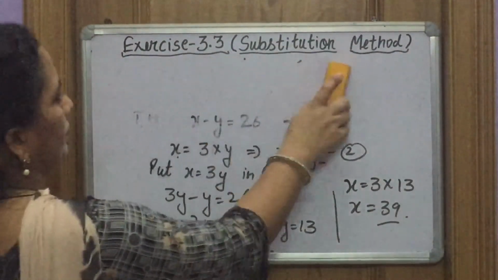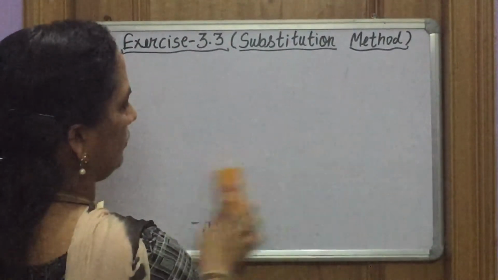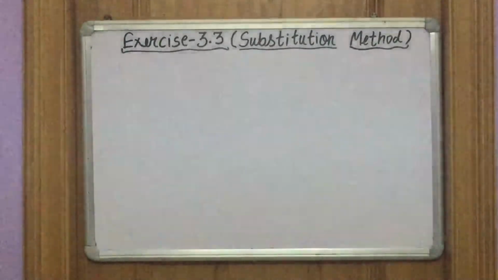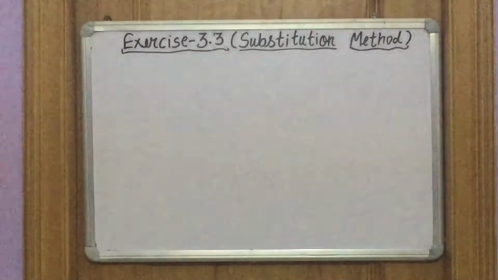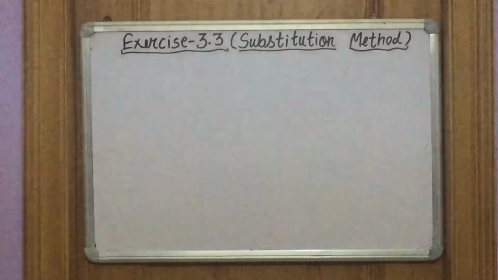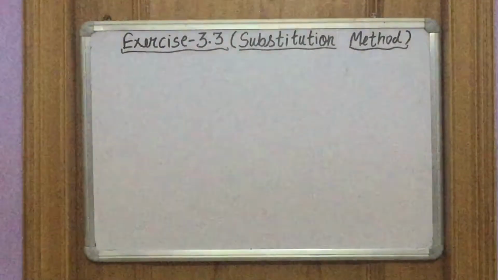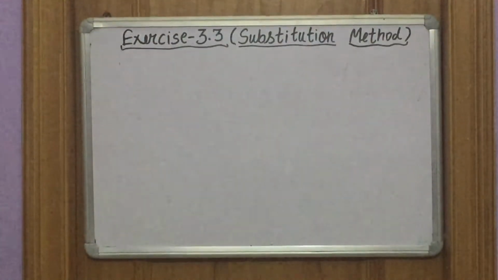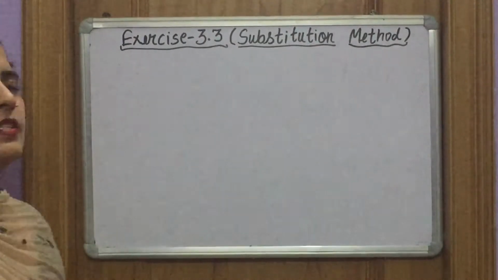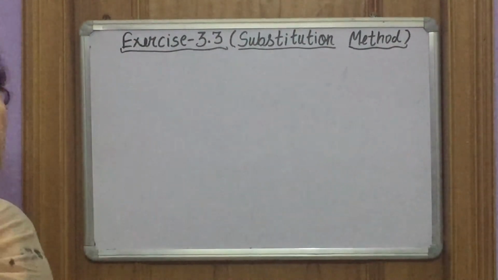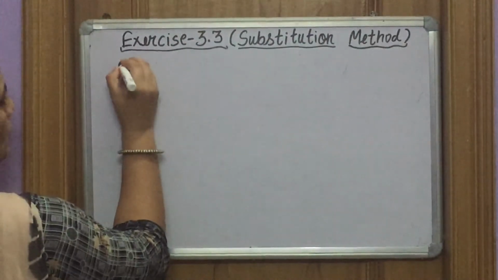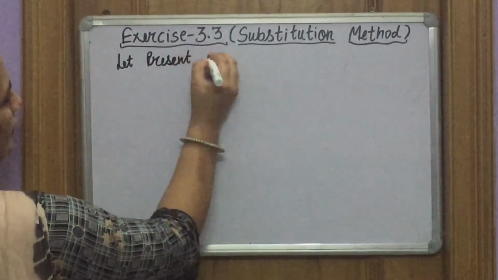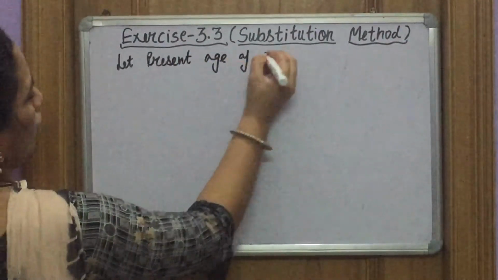Next question is, "5 years hence, the age of Jacob will be 3 times that of his son. 5 years ago, Jacob's age was 7 times that of his son. What are their present ages?" In these types of questions, first of all, we will suppose the present ages.